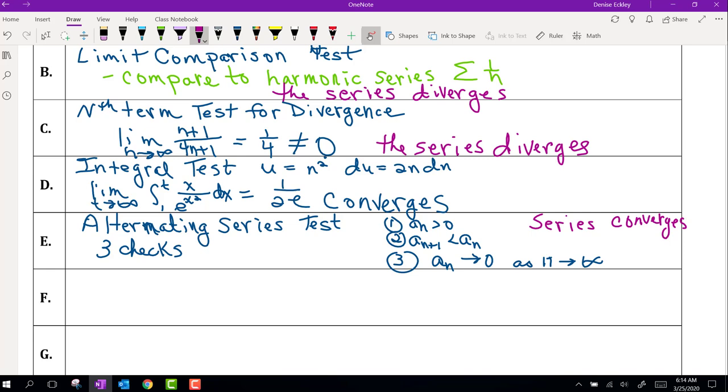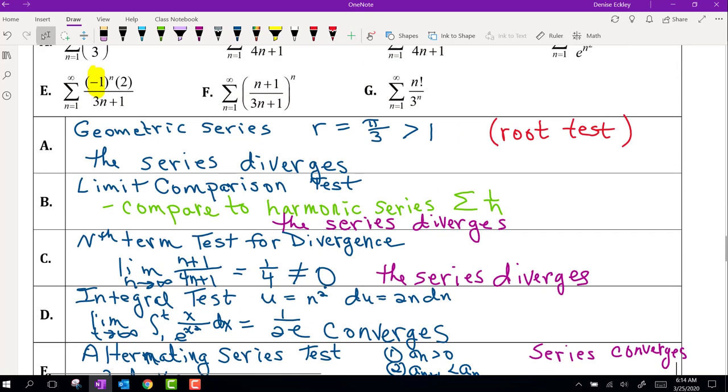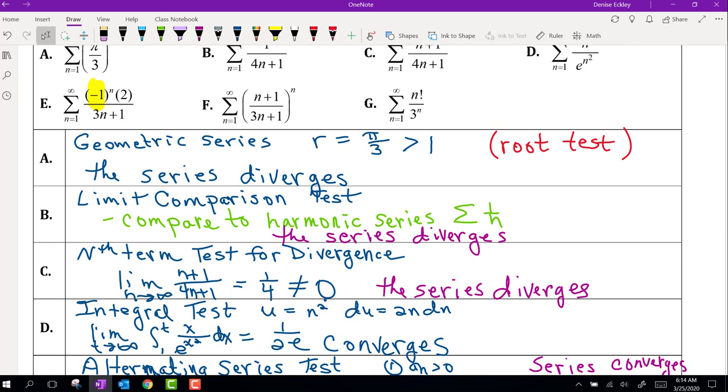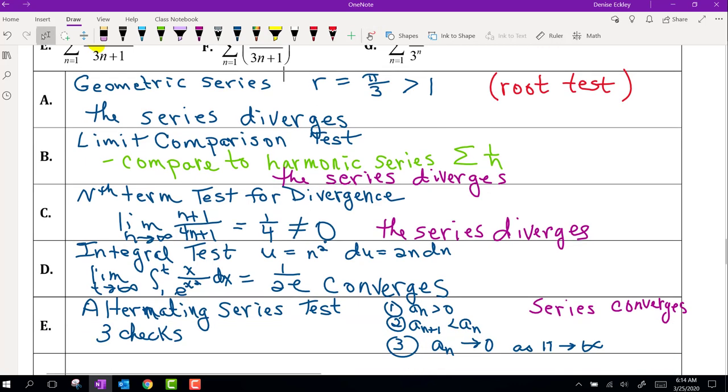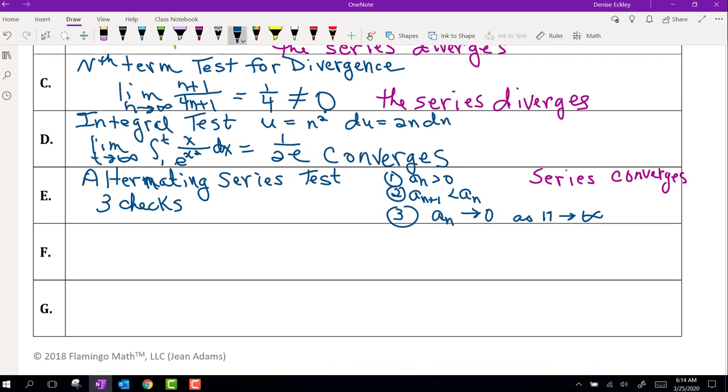Okay, so letter F then. Letter F, hopefully that's kind of obvious because you have the nth power here. So this is a root test. The series is raised to the nth power.